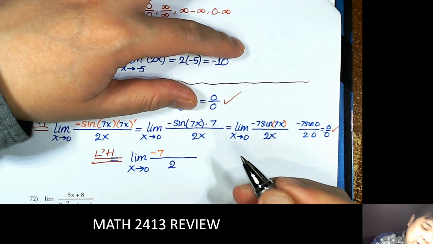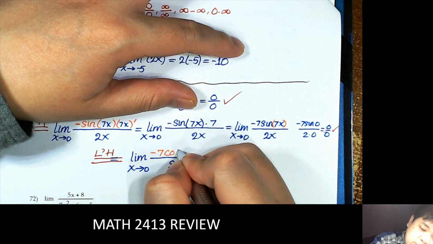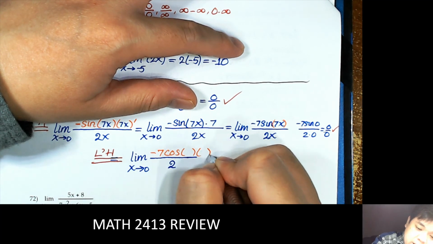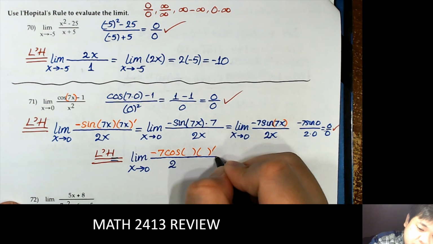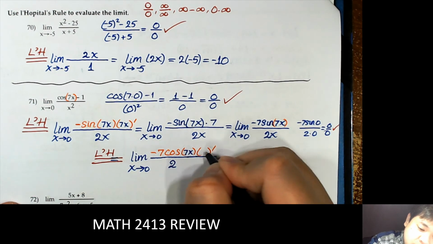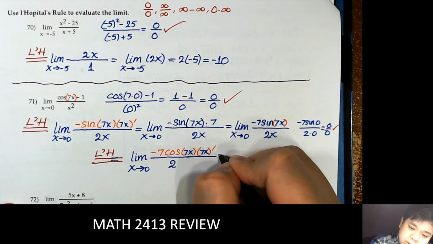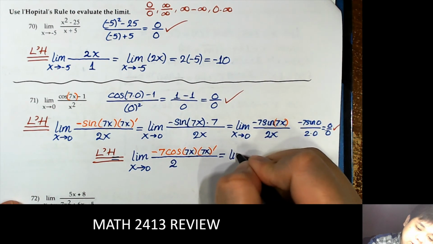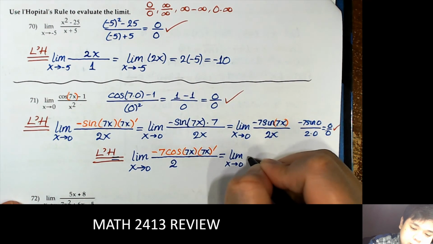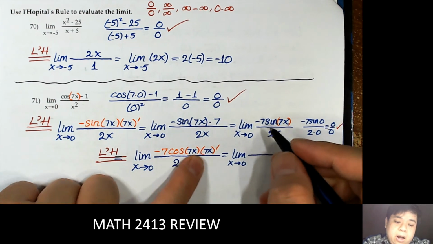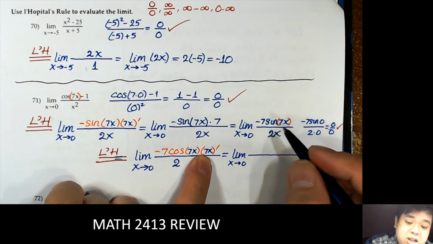So I have negative 7 cosine of something, and then derivative of that thing. Derivative of 7x is 7.